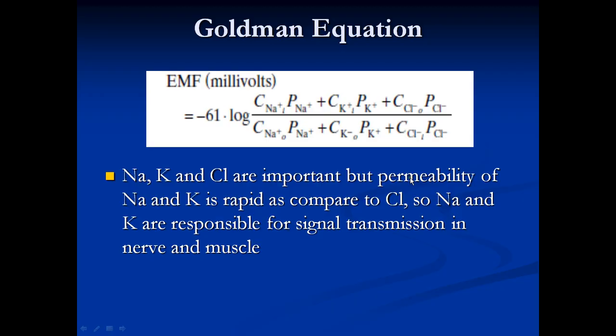We know that the permeability of sodium and potassium is rapid as compared to chloride, because chloride is a negatively charged ion, so it hardly permeates through the cell membrane. So whatever membrane potential is created, it 100% depends upon sodium and potassium.